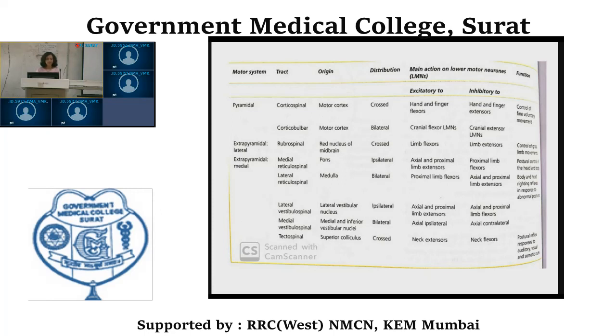Now, the extrapyramidal tract, that is the lateral one. The lateral extrapyramidal tract is the rubrospinal tract. The rubrospinal tract, as I had told you, arises from the red nucleus of the midbrain, and it crosses over to the opposite side.